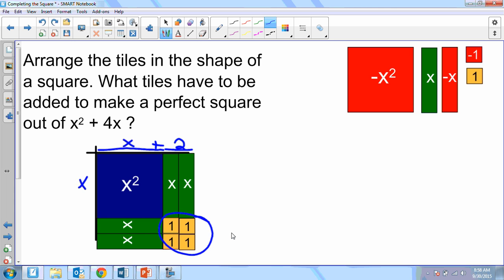And this side is 2. This distance here is only 1 in length, 1 by 1, and this distance is only 1 in length. This part is the x, this is your x side, and this is a 1 by x.